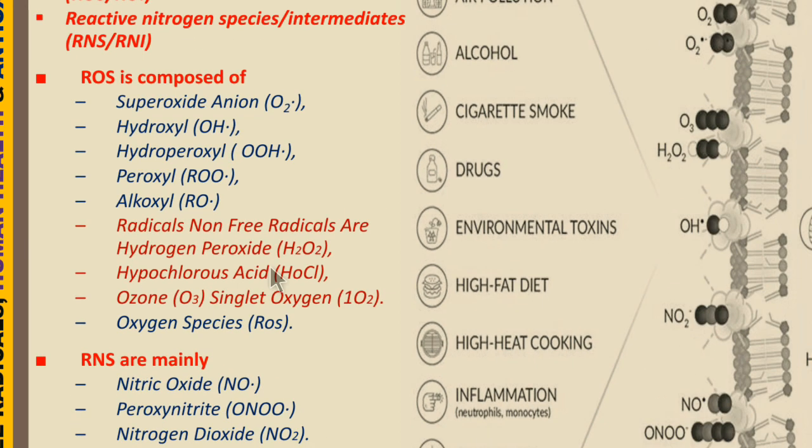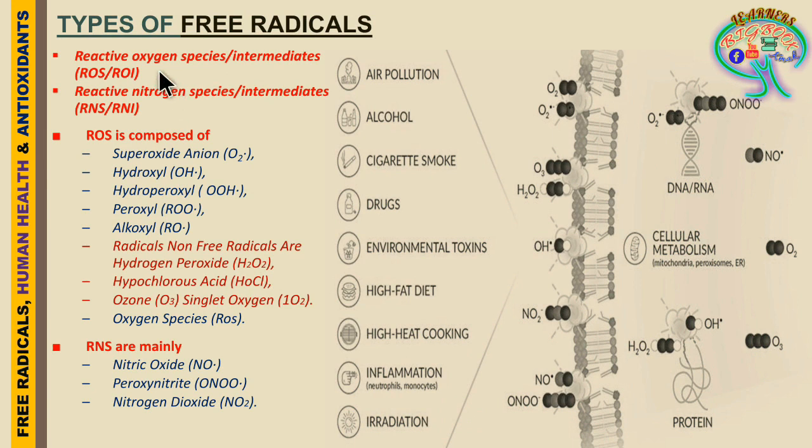This is the kind of free radical where they are reactive oxygen. They are based on reactive oxygen, which we consider as species, and they are also called intermediates.